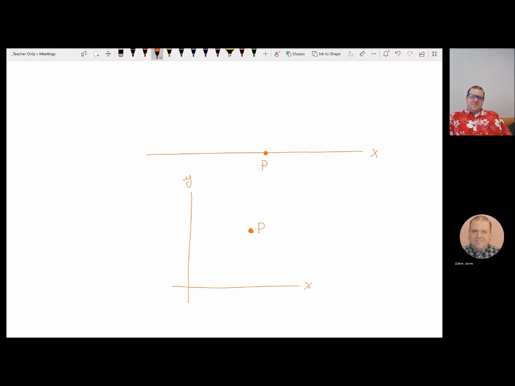Not sure. What would be the two directions? Just select one, right? You're saying those are the only ways to approach that point? There's an infinite number of ways to approach this point.